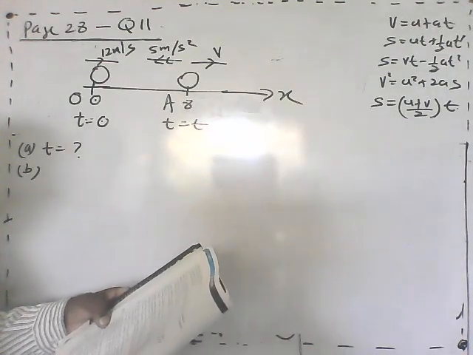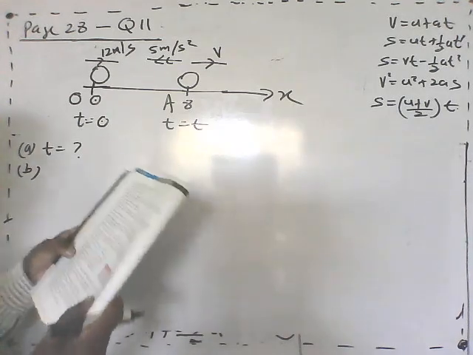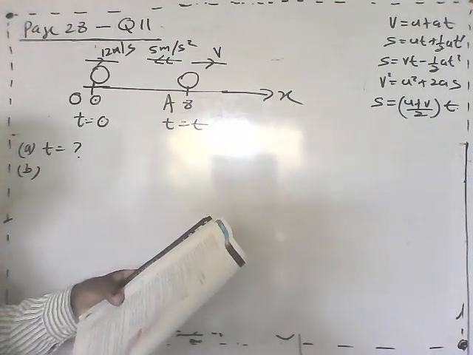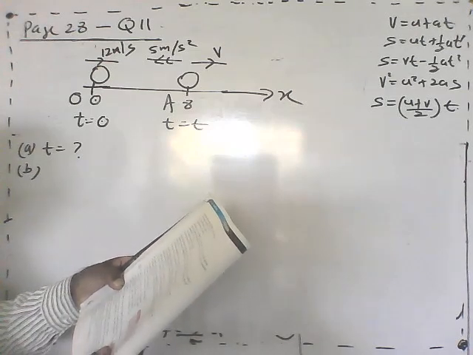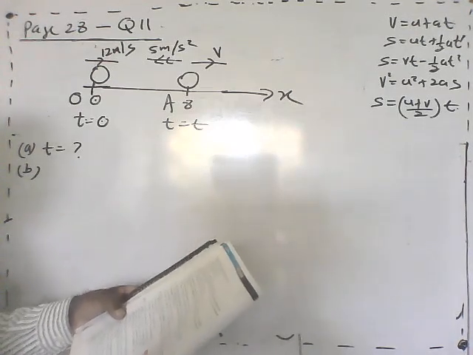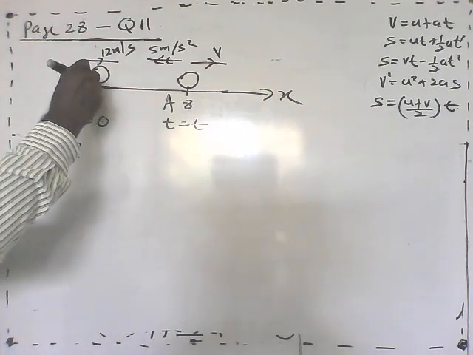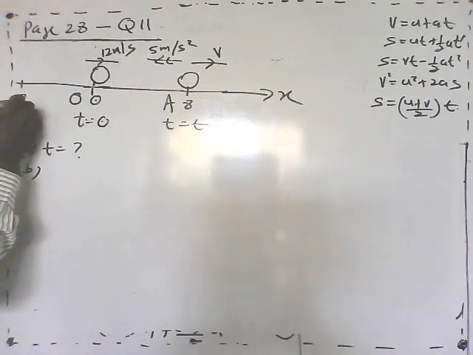Then part A, what they want is the value of t. So we will try to find that. Then part B, the speed of the particle as it passes through the point with x coordinate minus 8. So they are talking about another point. Another point, minus 8.